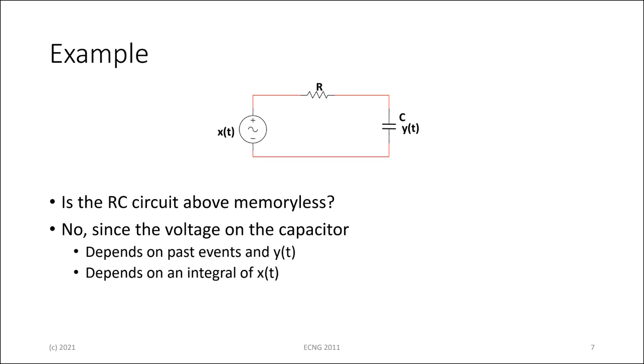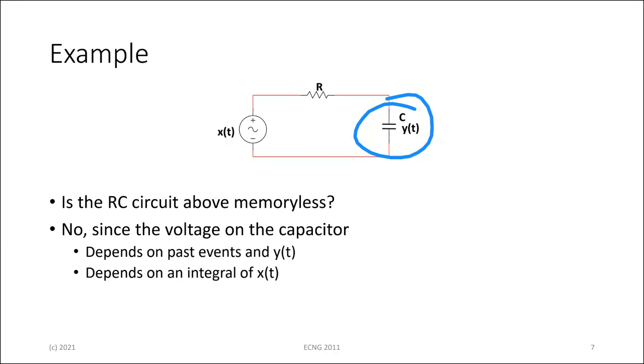However, something like this, where we have a capacitor, the capacitor can store a value. So unless we specifically say that the capacitor is discharged, when we start doing some sort of analysis, the system is assumed, an RC circuit has memory, so it is not memoryless.